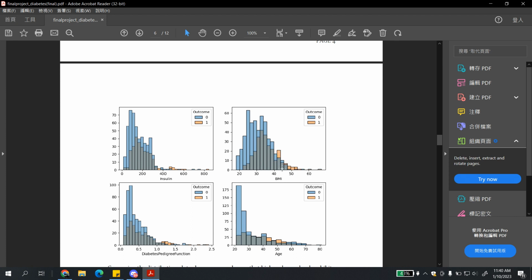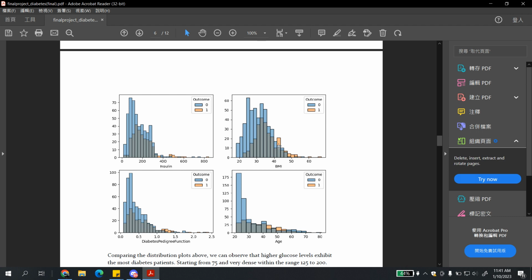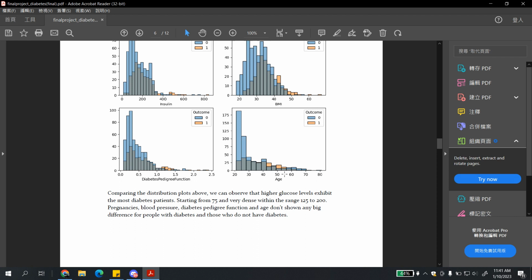It's not much of a trend, but apparently the heavier you are, the more likely you are to get diabetes. And here, these are the ages of people that mostly have diabetes.